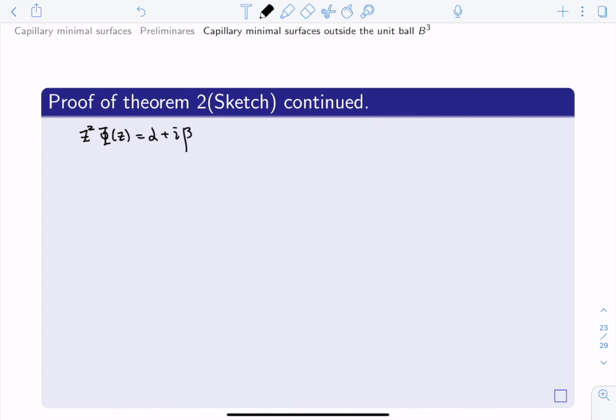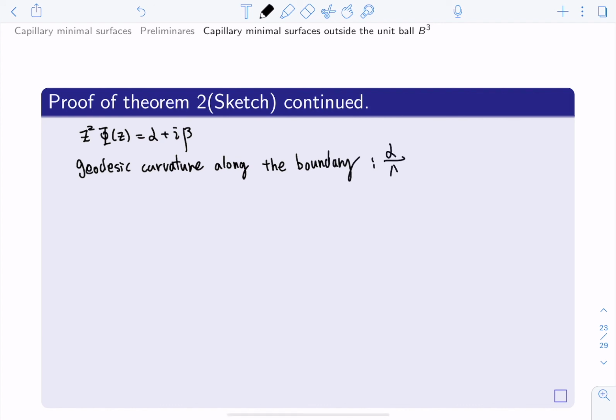And then we know for a fact that the geodesic curvature along the boundary of the surface is computed as alpha over lambda, where lambda is the metric factor.